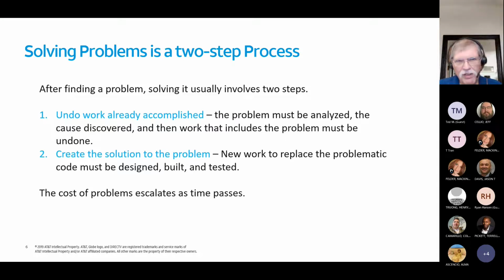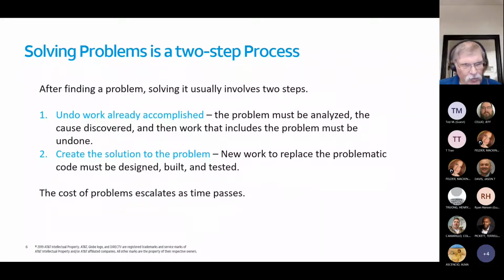First of all, if we've implemented something and there's a problem in it, we've got to unwind it. We've got to undo the work that's already been done and get to be able to fix the root cause of that. So we've got to take a look at what we've done, and make sure that we take out, in this case, let's talk about software, the code that caused the issue.